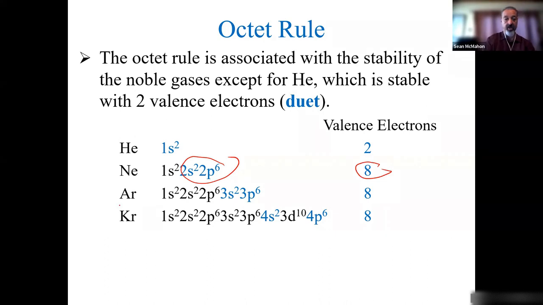Argon has a 3s2, 3p6, 8. If I go to krypton, when I get to the 4th energy level, the transition metals are there, I fill up the d10, and then I keep going all the way through the P block to the 4p6, but I still have an s2p6, and that's where the octet rule comes from for the noble gases.